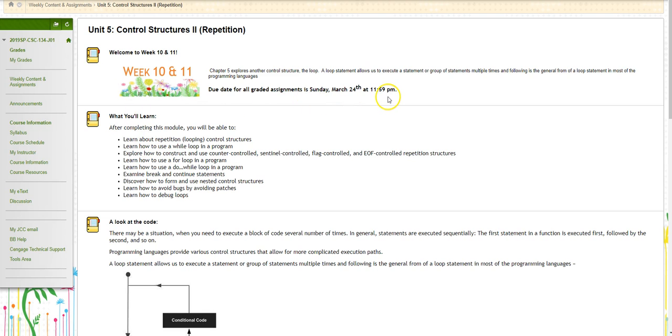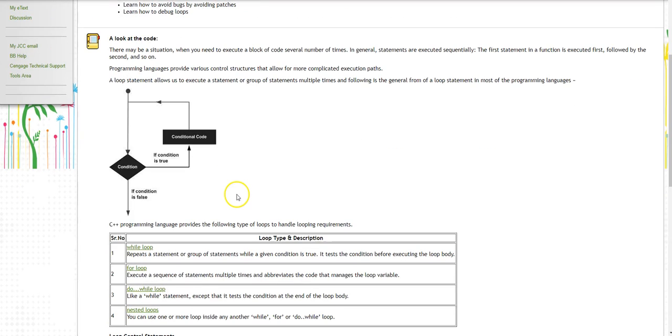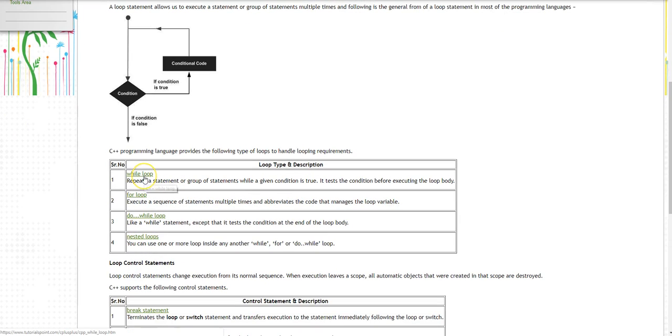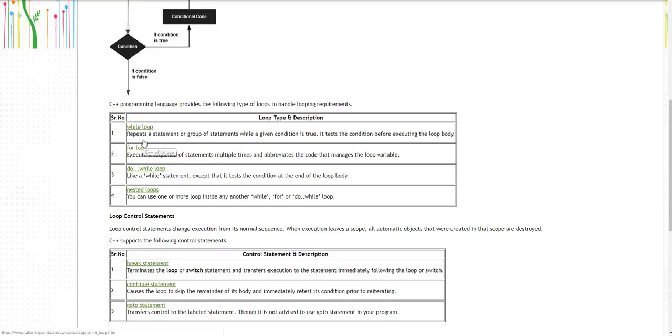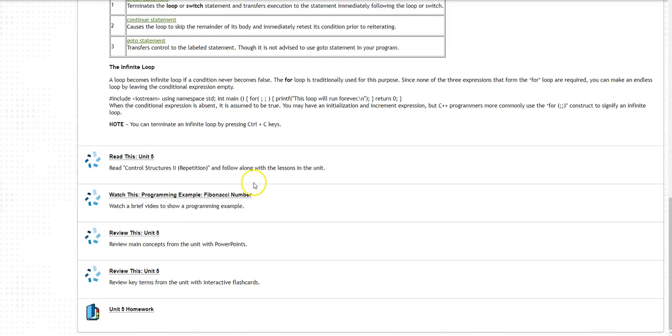Again, identifying when homework is due, what the learning objectives are, always going back and reviewing a look at the code, particularly for each of the chapters and the syntax that's covered in each of those, and then giving them links to websites and the videos that are being created. Also, links to the chapter.